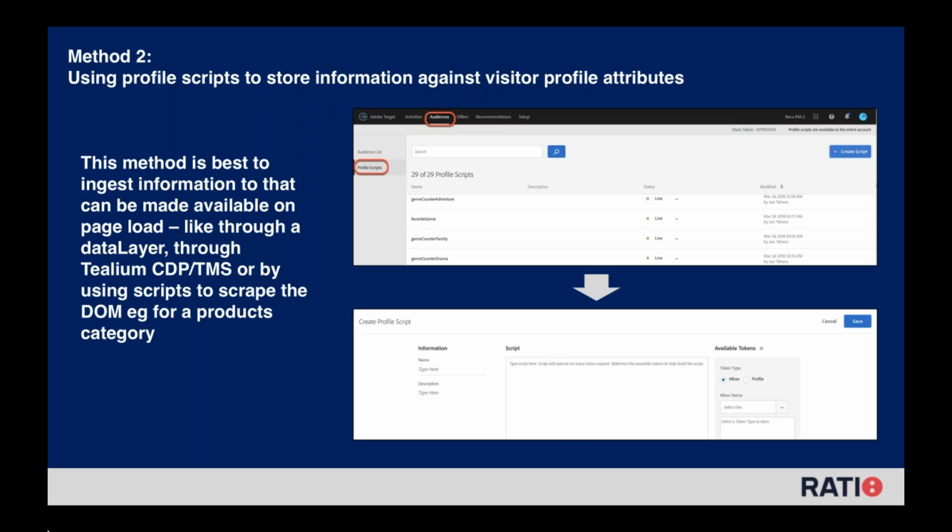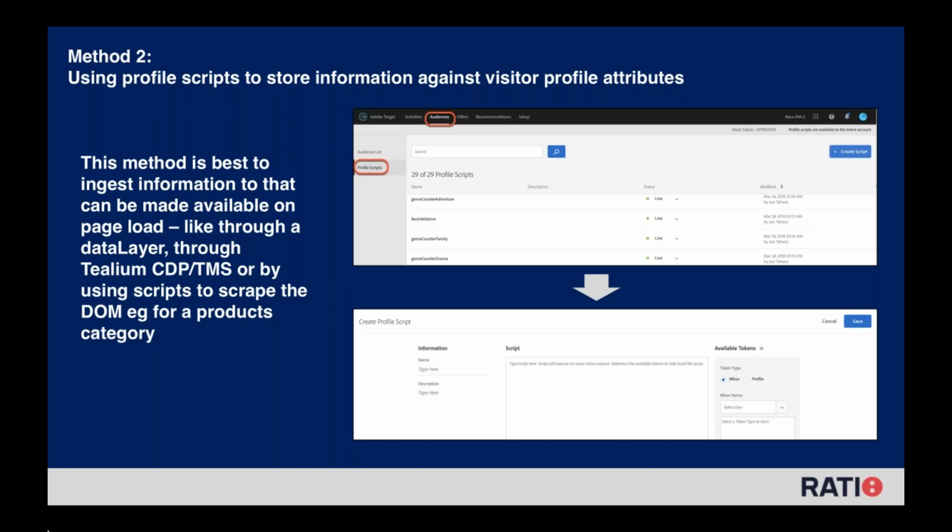The ways in which you use this method are through profile scripts, where for argument's sake, you're writing a little bit of JavaScript that checks the page to see whether it has a certain attribute, and if so, returns a certain value. Or you can push information directly into Target when it first loads on the page.